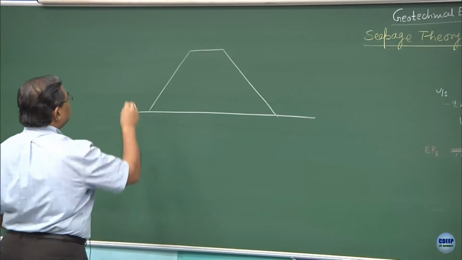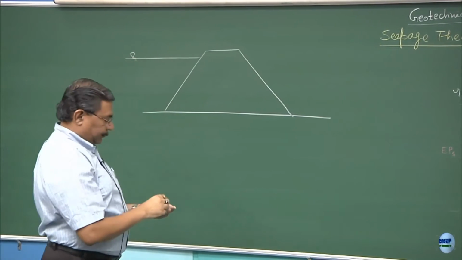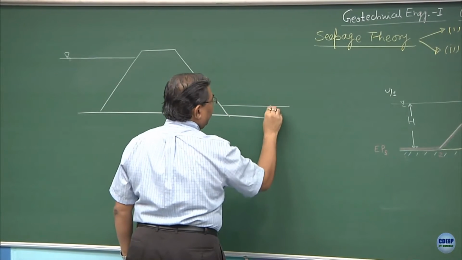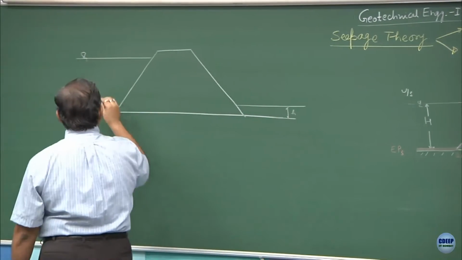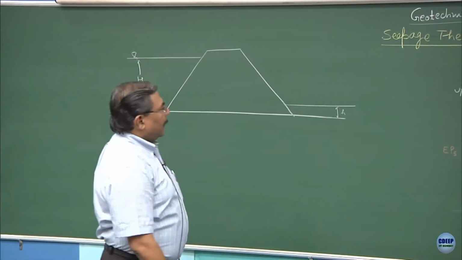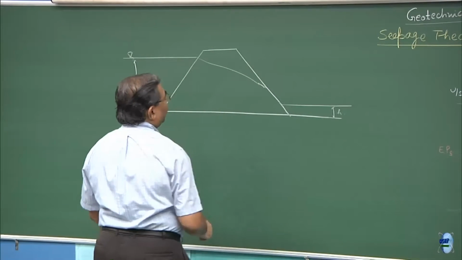Alright, there is a water column over here, there is a tail water here, and this is the phreatic line which is developing over here.